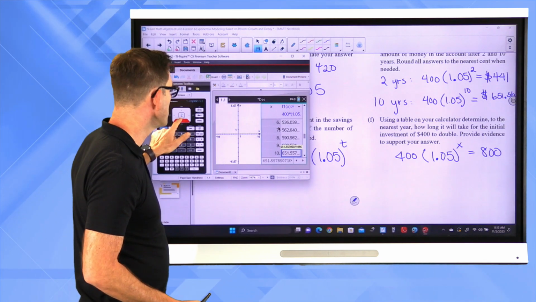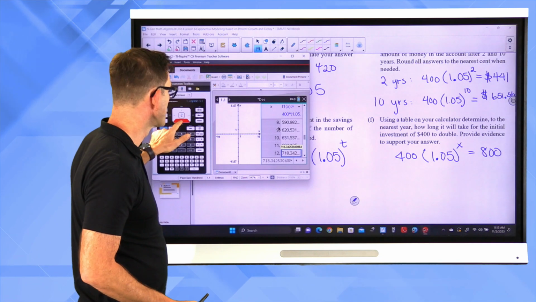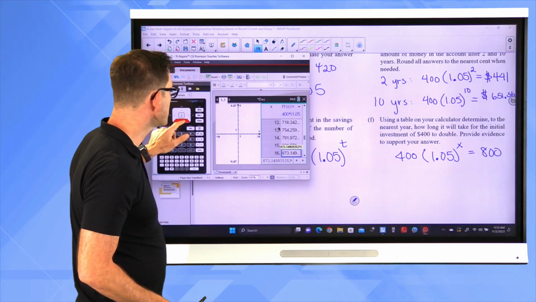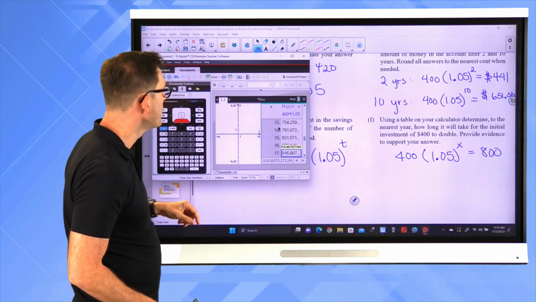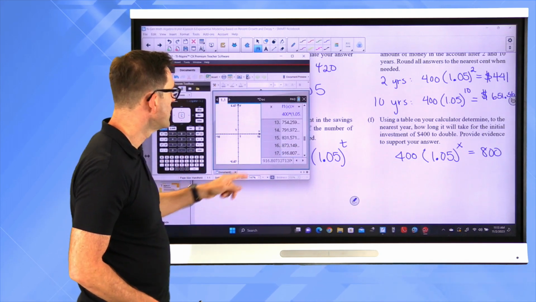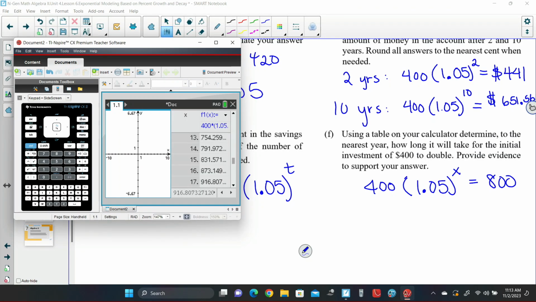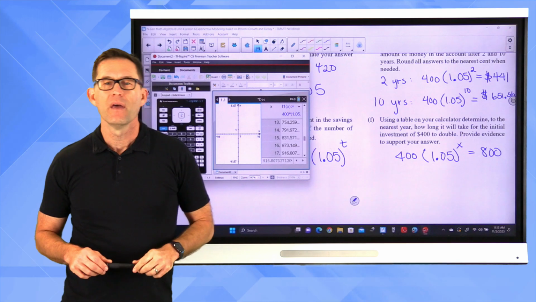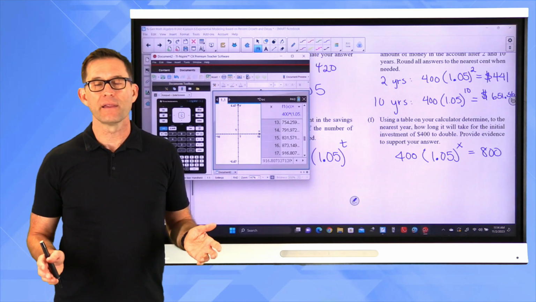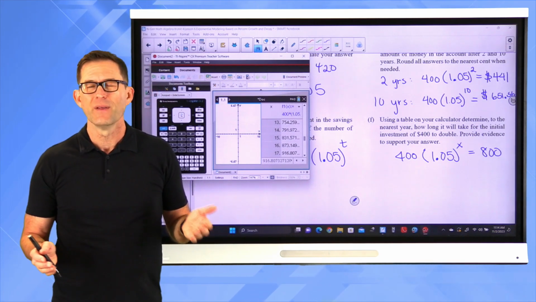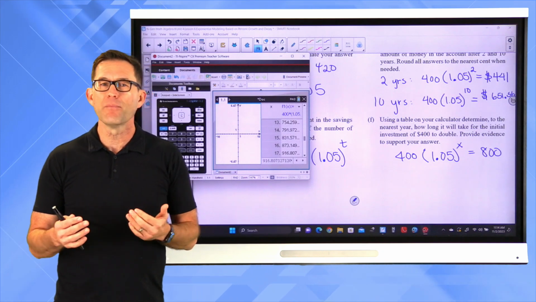So I continue to scroll through, and I finally see, after 14 years, we're at 791.97, and after 15 years, we're at 831.57. Now it seems very likely, of course, that the answer to the nearest year is 14, but I might want to get that a little bit more refined.